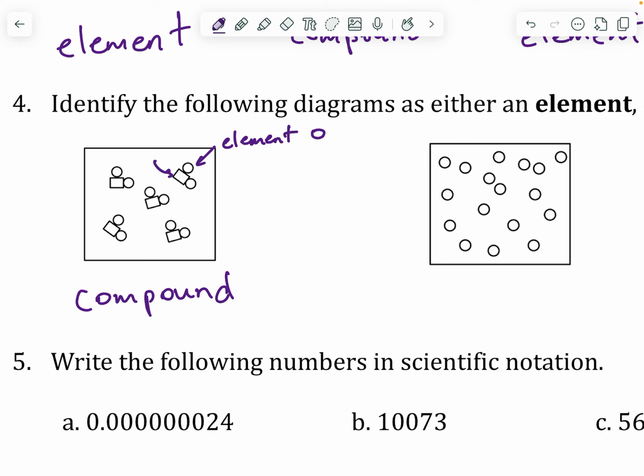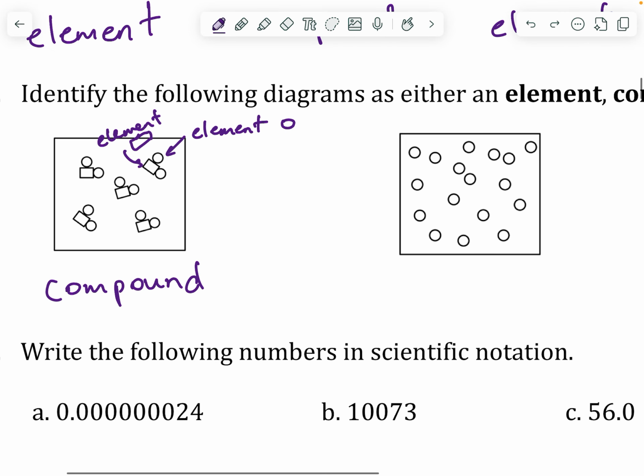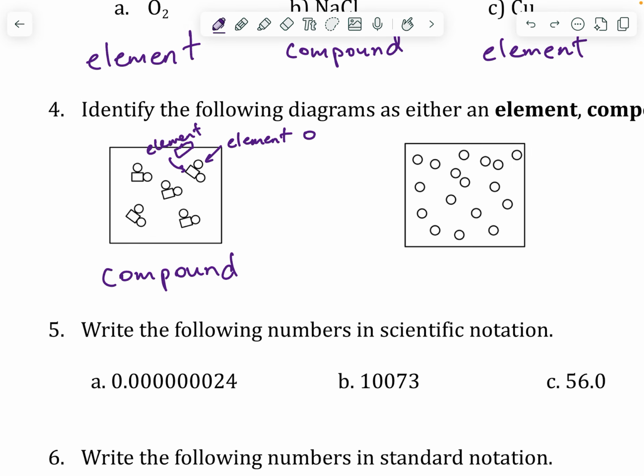This would be what we call element rectangle. But because they are together, they're bonded, that's what the picture is showing, that is what makes it a compound. And everything in here is all the same. So again, compounds, when they are only with others alike, then it is considered to be a pure substance.